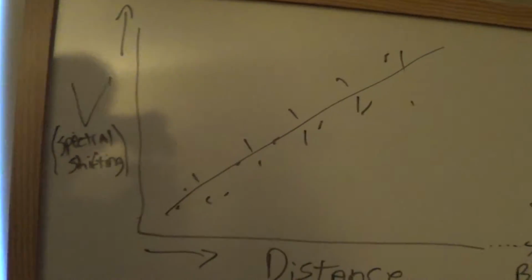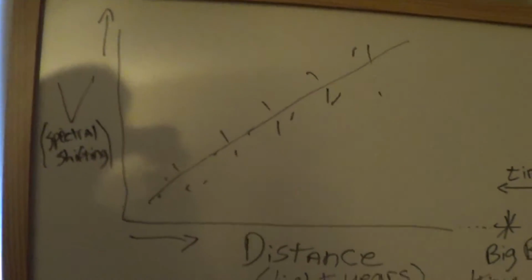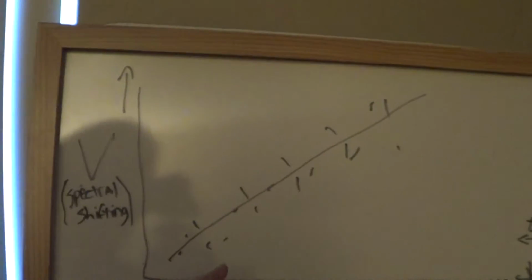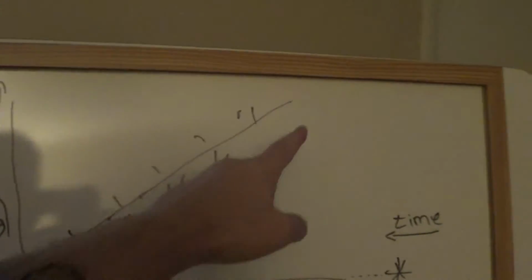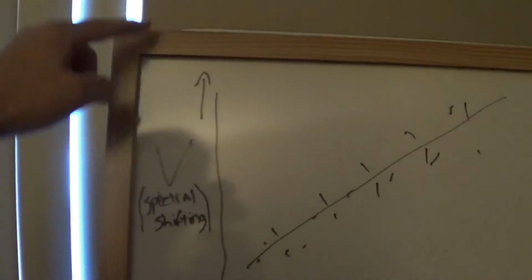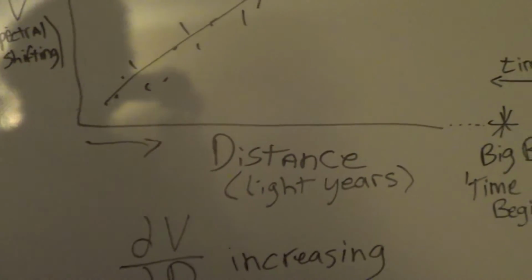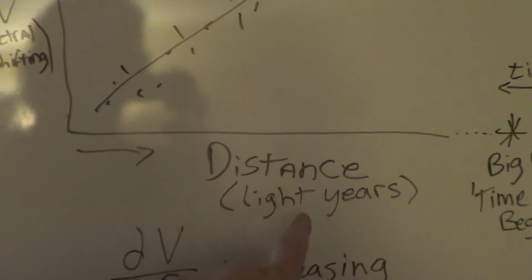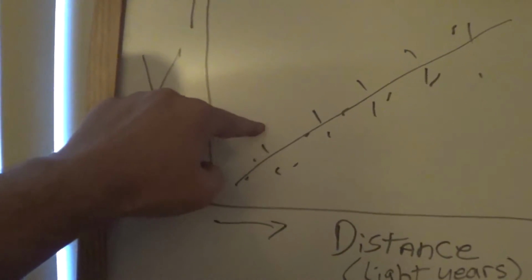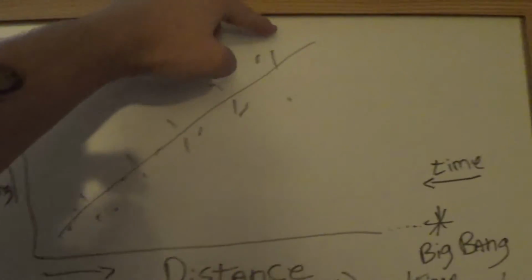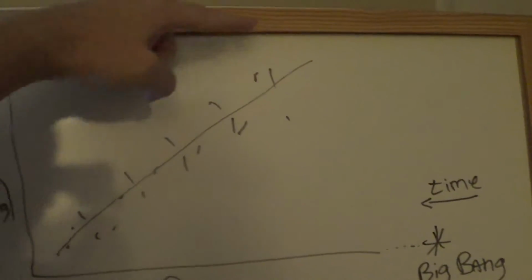This is Hubble's graph. He viewed that the further out you go into the universe, the stars are going faster and faster. This is velocity, this is distance. But distance being in light years, this one is so many light years old, this one is even older, and this one the oldest.